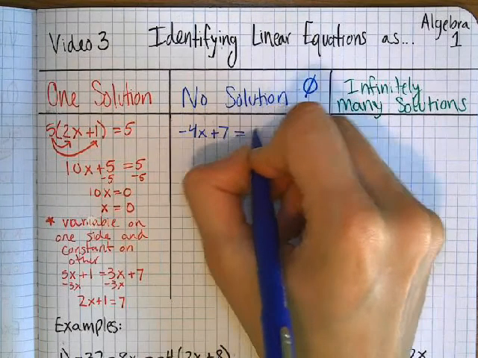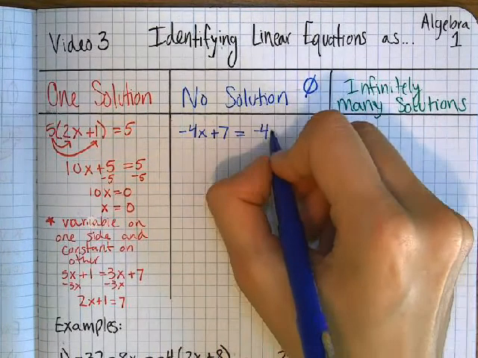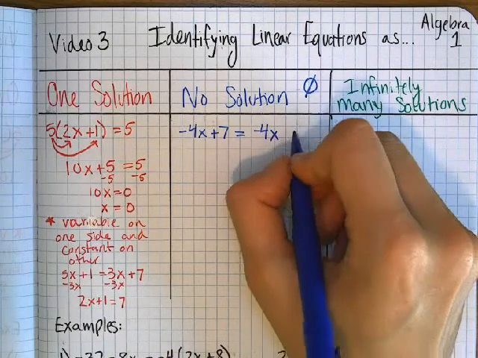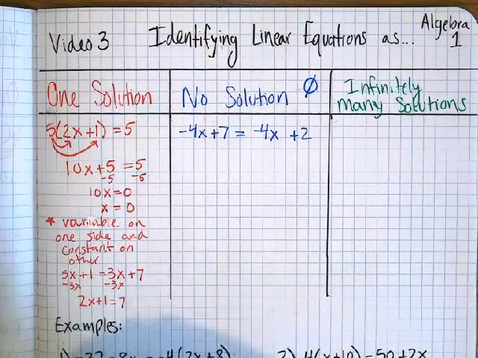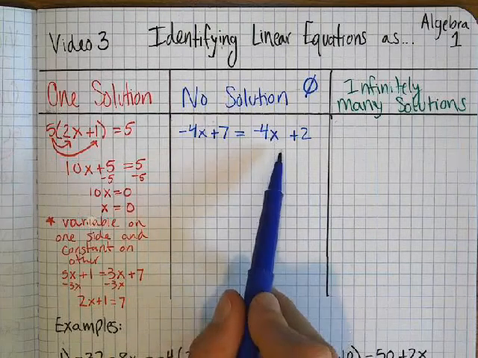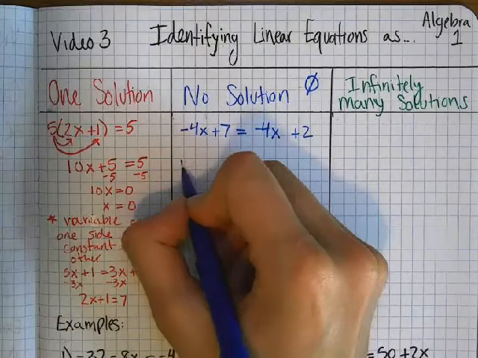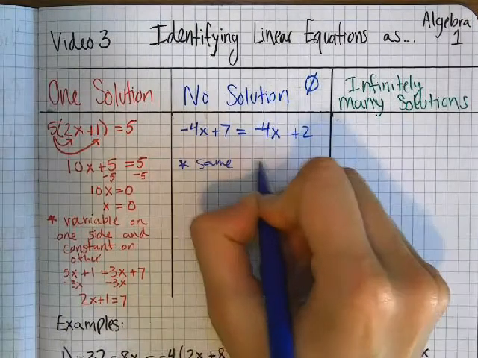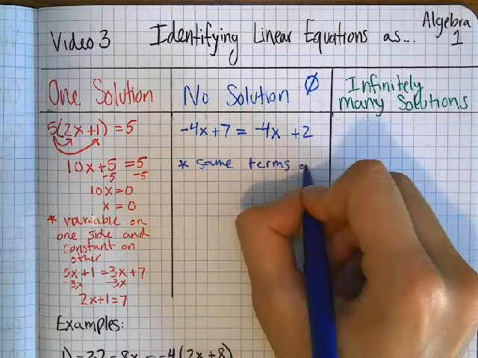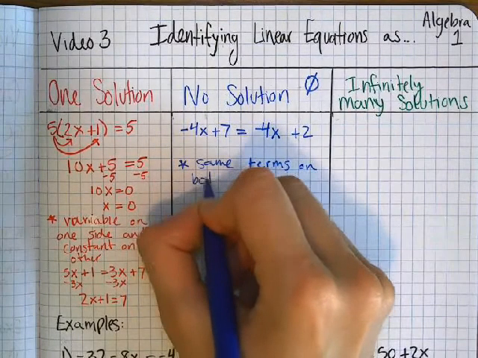Okay, and so with this, we've got another example. And what we're looking at specifically is our terms, our terms with our variables. Okay, and so with this, we see this one has a negative 4x, and here we also have a negative 4x. So we're looking for same terms on both sides.